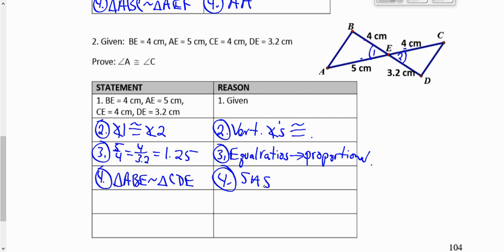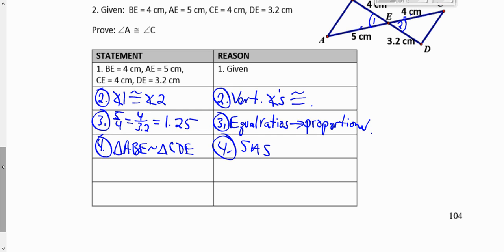Okay. We could use alternate interior angles. We don't have parallel lines though, right? Wait, you can find out if all the interiors, those triangles are similar then. Which ones? Corresponding angles are? There you go, right? So now we can say we've got them similar, and you know when they're similar, the corresponding angles are congruent, right?